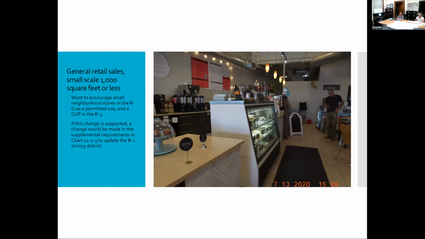If this change would be supported, a change would need to be made in the supplemental requirements in chart 11.2.3 to update the B1 zoning district, which currently has some information in it allowing size restriction on some of the retail sales in B1. Next slide, please.